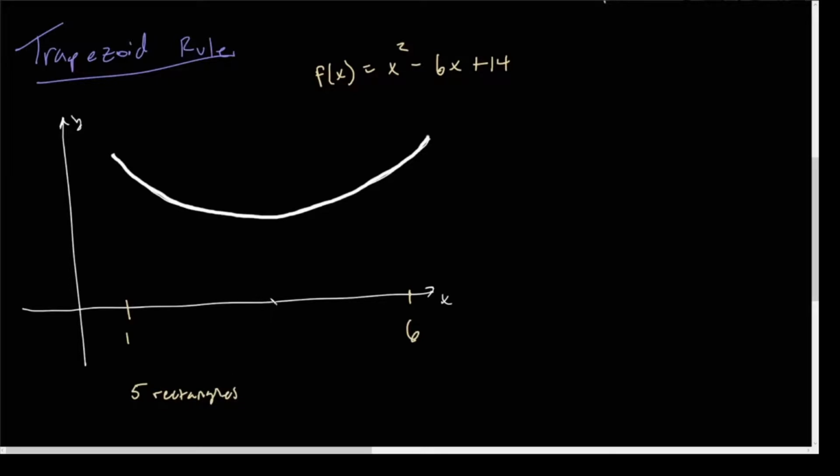So we don't really have to worry about the width. 1, 2, 3, 4, 5, 6. Those look close enough. So the idea here is that, I'll do these in blue. I'm going to take this up to the curve on the left side and the right side.